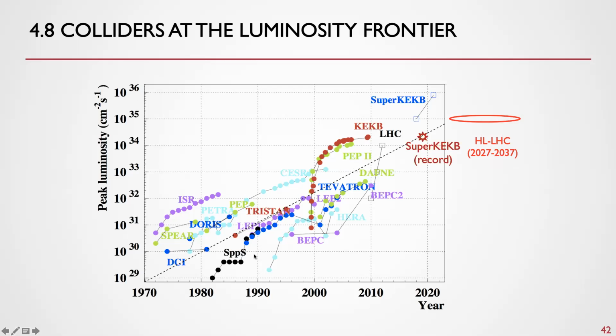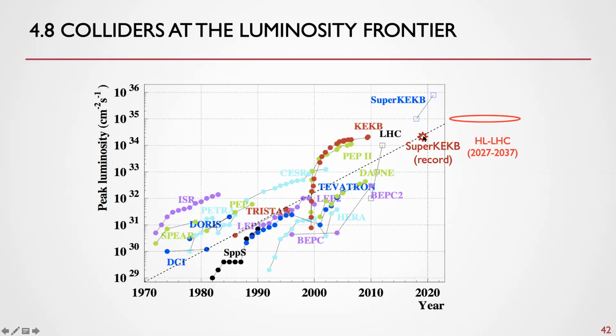Here's the SPS, the pre-accelerator for the LHC. Here is LEP. Here is LEP 2, which goes up to 10^32, as we said. The LHC is here at 10^34, two orders of magnitude higher, and uses protons.